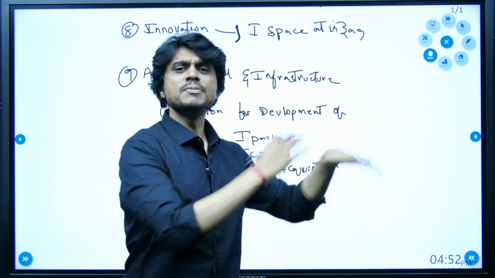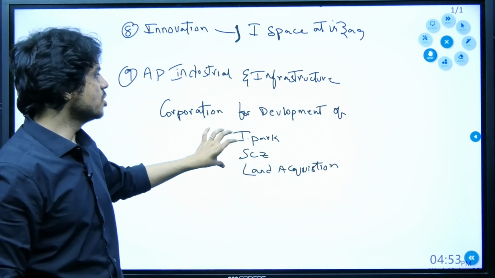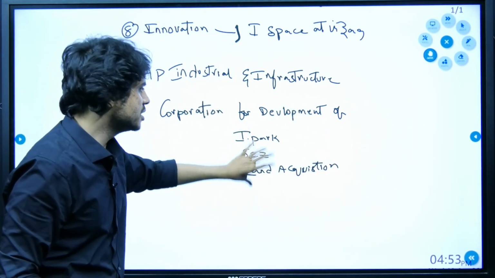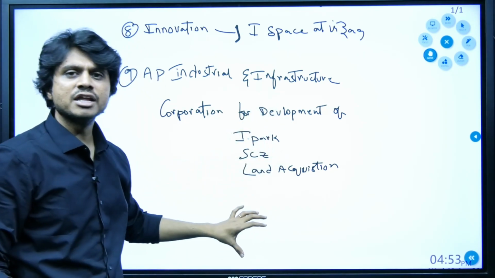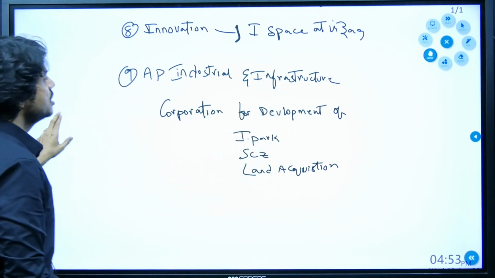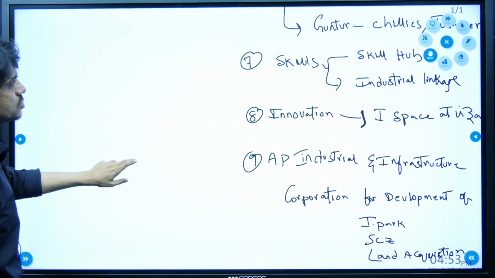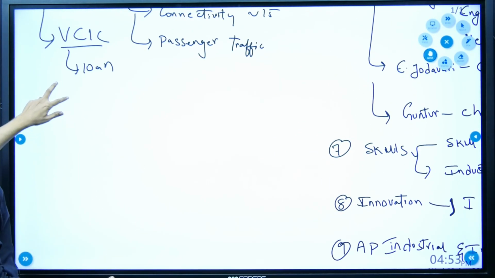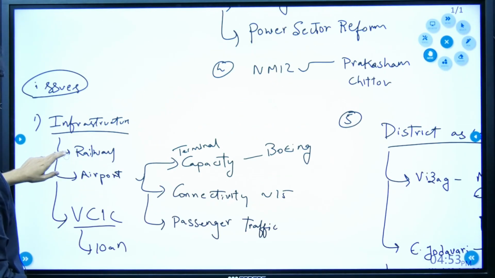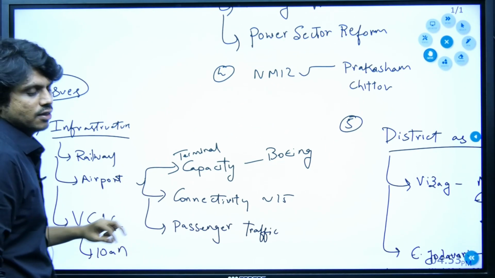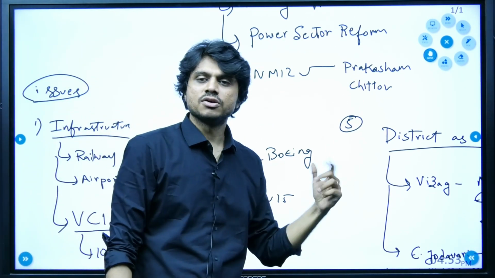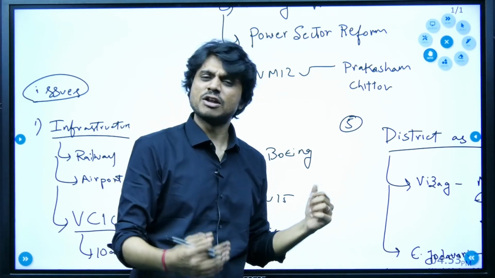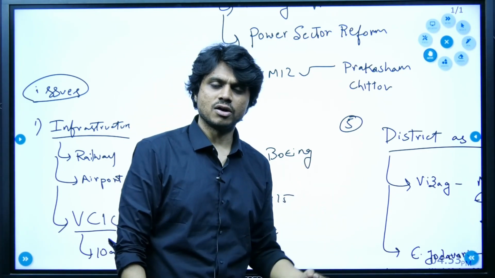So it is a simplification of the process. This body will also develop industrial parks and SEZs, do land acquisition, and create land banks. So these are the various initiatives. I don't think more content than this is needed for you to write your answer on AP industrial development, the manufacturing sector, issues, or whatever.